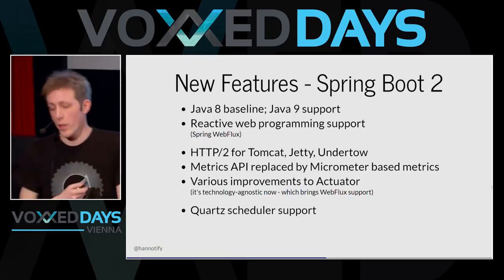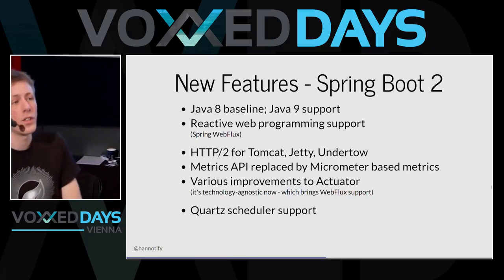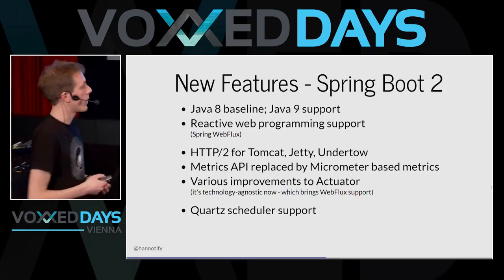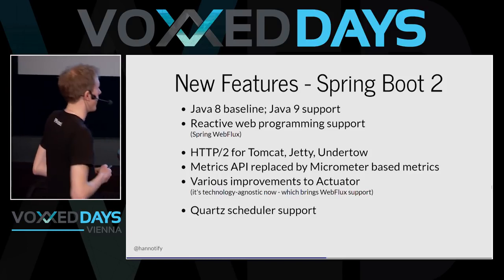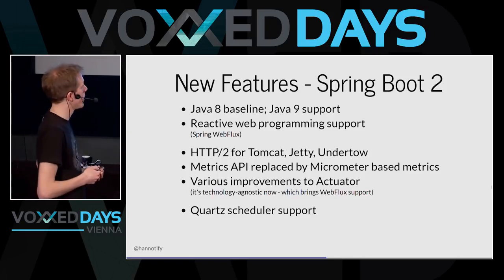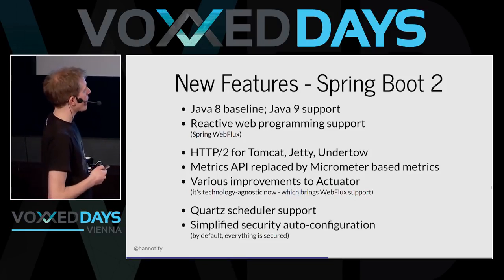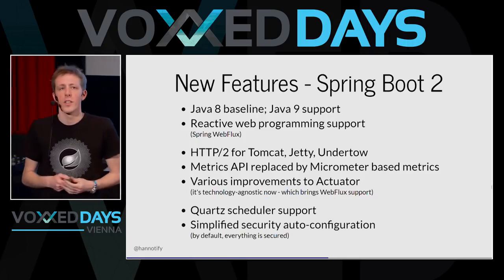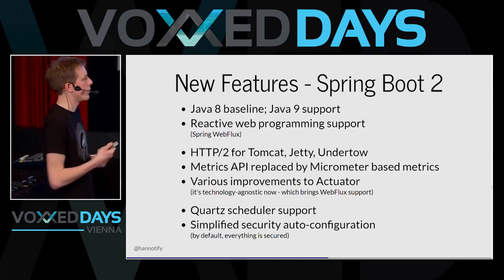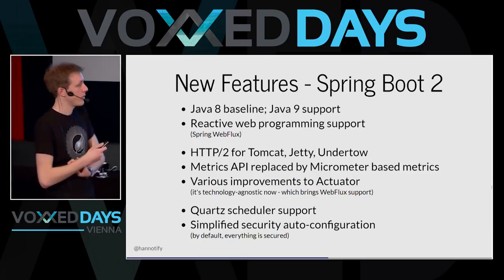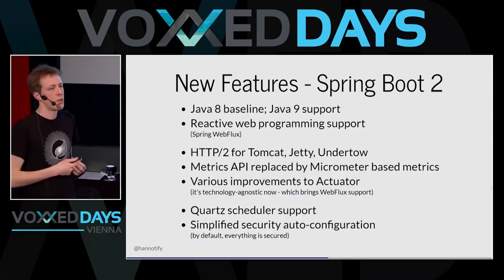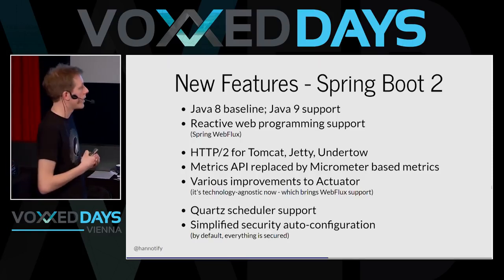The Quartz scheduler library is now supported. So if you want to schedule jobs in your application, it can be done very efficiently using Spring Boot 2. And the auto configuration of Spring Security has been simplified a lot. If you wanted to secure your application with Spring Boot 1, you needed to specify exactly which paths would be secure and which would be anonymously available.